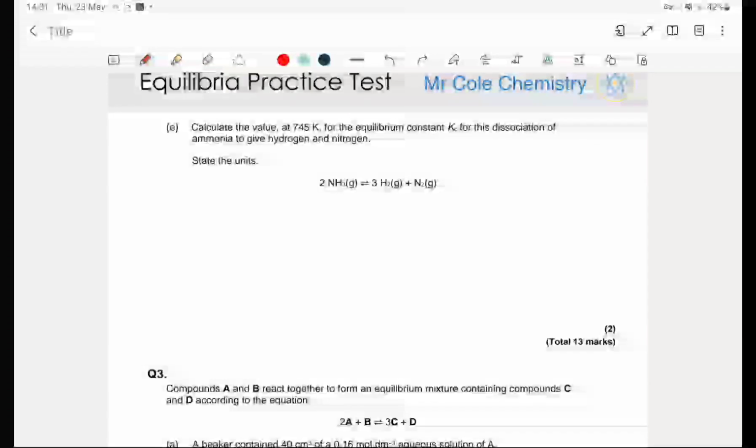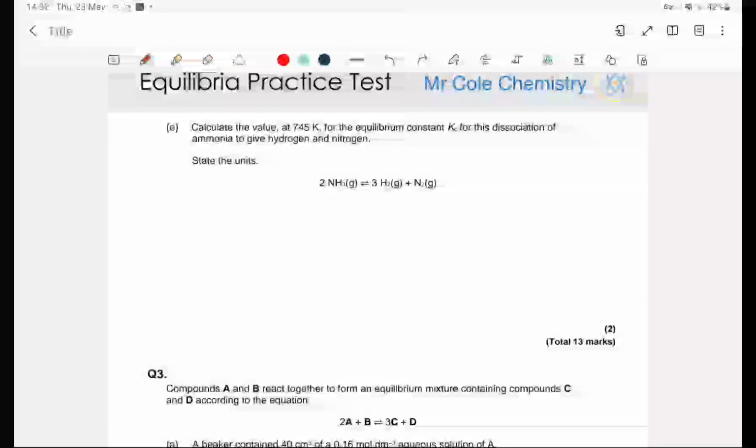What this means is that in your Kc expression for this version of it, the things that were the products in the other one are the reactants, and things that are the reactants in the previous one are the products here. So, in framing this in terms of the Kc, things that were previously the numerator are now the denominator, and things that were previously the denominator are now the numerator.